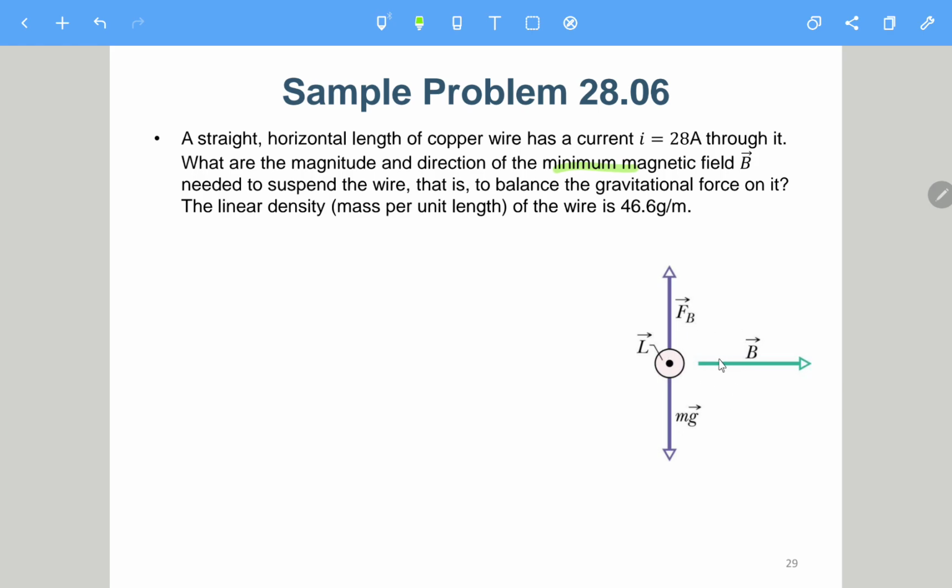So here we have the B field pointing to the right side, and in that case we have ILB to be the FB. As much as L and B are perpendicular to each other, L cross B is nothing but L times B, and then equals mg.